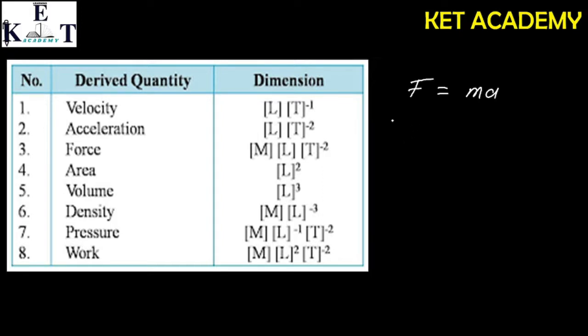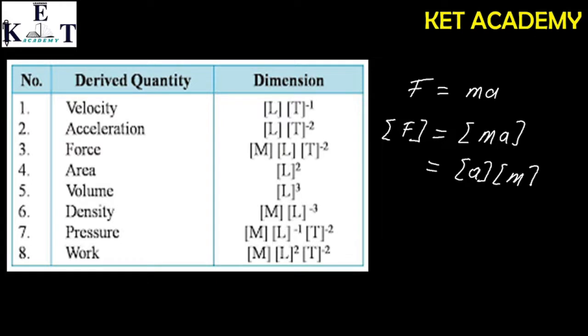So the dimensions of F will be equal to the dimensions of M times the dimensions of A.